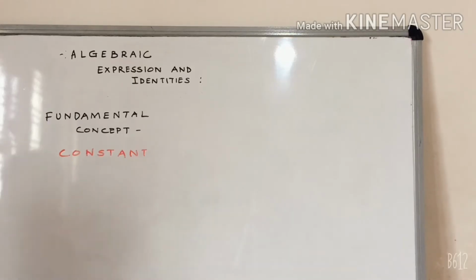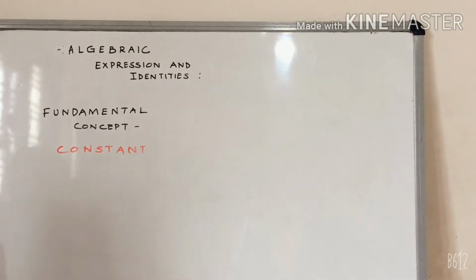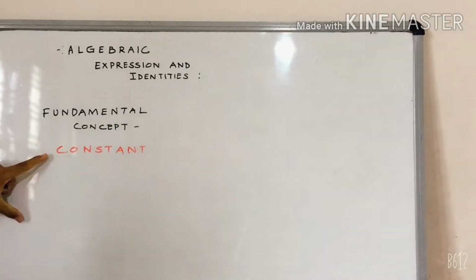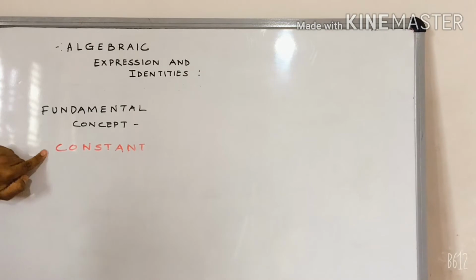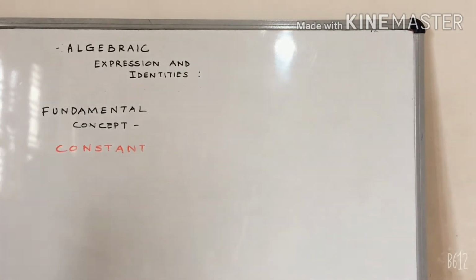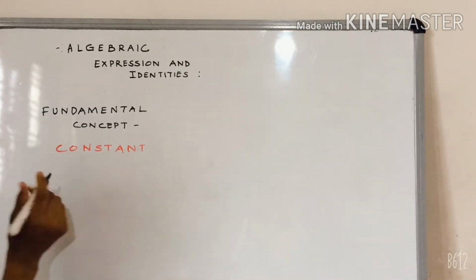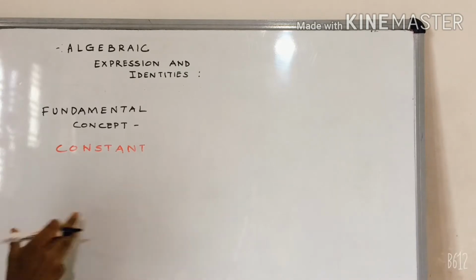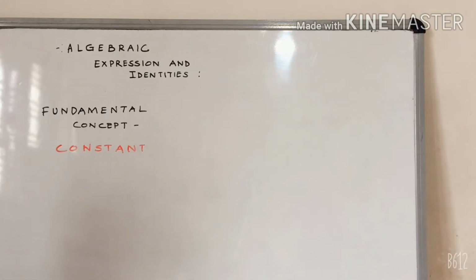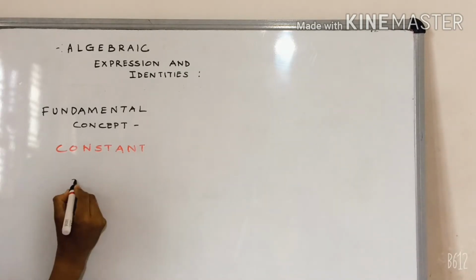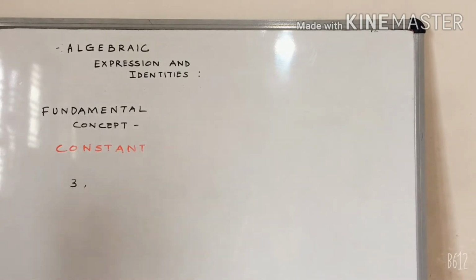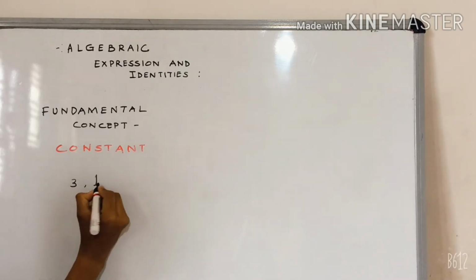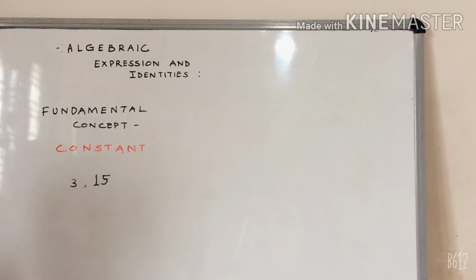So now, what are constants? We have to learn some fundamental concepts which are very important and build the base of this lesson. So the first fundamental concept is constant. What is a constant? The quantity that contains only a number is called a constant. So 3, 15, these are numbers.